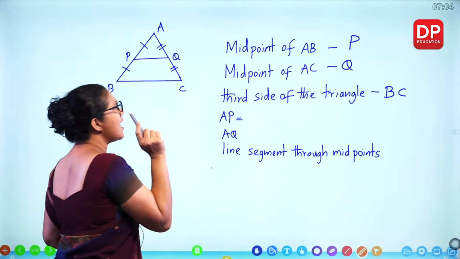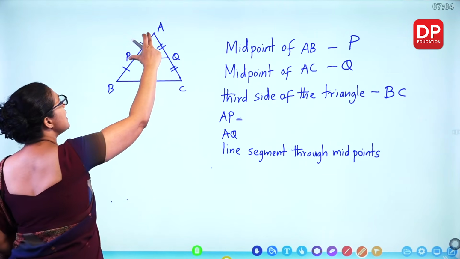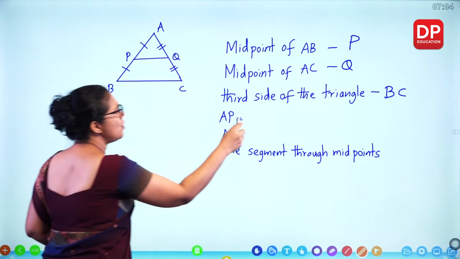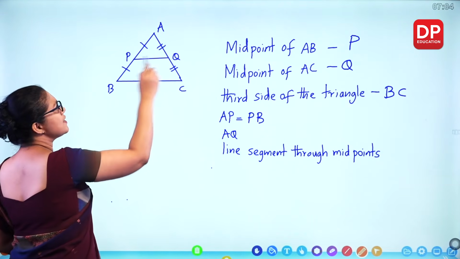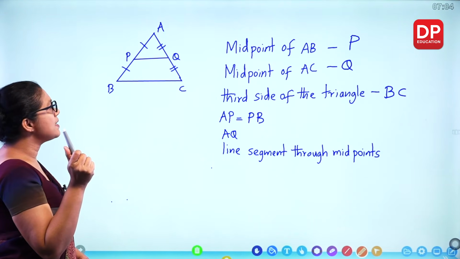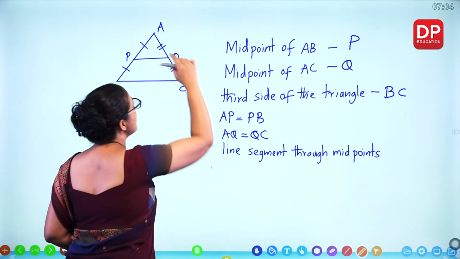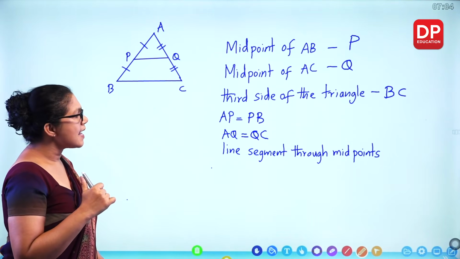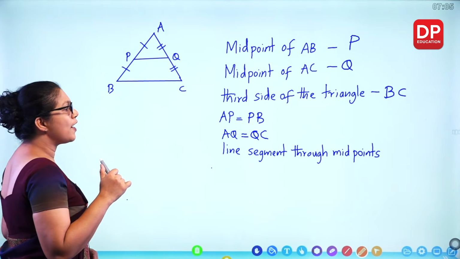What is the third side, midpoints? When you take the length AP, we know AP is equal to PB. Then AQ is equal to QC, because this length is equal to this length. Then line segment through midpoints. What does line segment through midpoints mean?